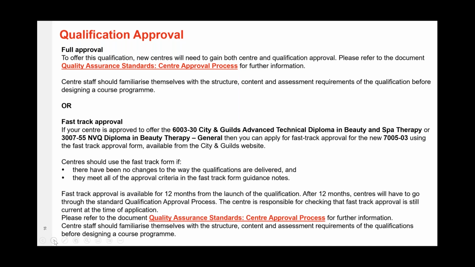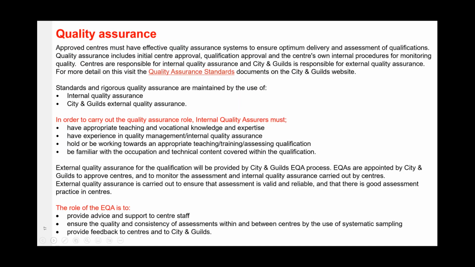Fast track approval is available for 12 months from the launch of the qualification, and after 12 months, centres will have to go through the standard qualification approval process. So again, there's the approval process if you are new to City and Guilds or you haven't run a technical or an NVQ before. Now we're going to take a look at the quality assurance here.